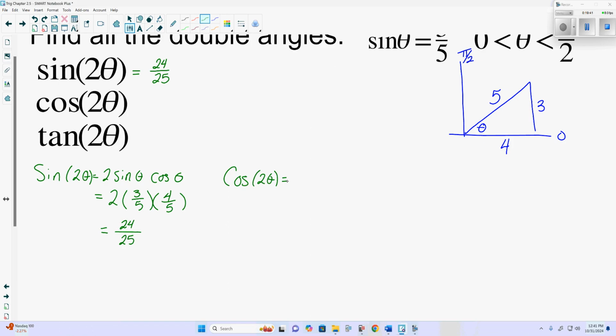We have cosine squared minus sine squared, 2 cosine squared minus 1, and 1 minus 2 sine squared. Yeah, 2 cosine squared of theta minus 1. Now cosine squared would be 4/5 squared minus 1.